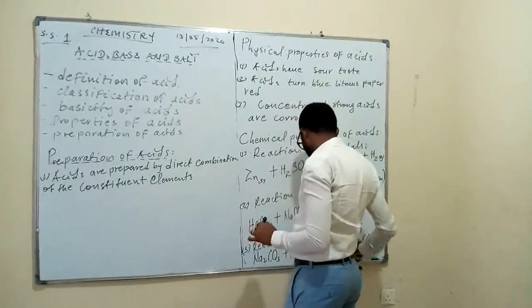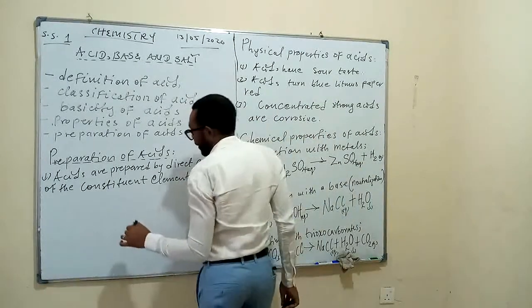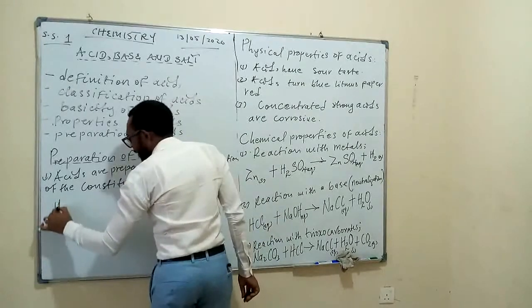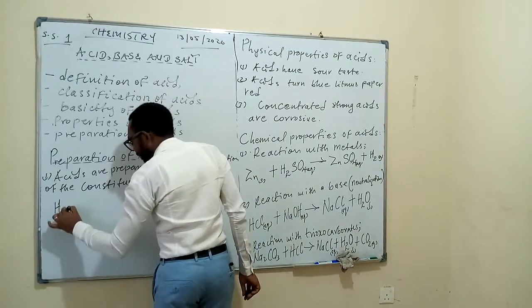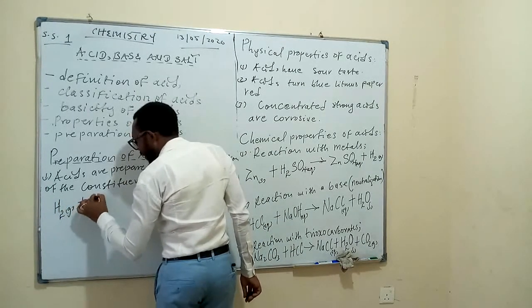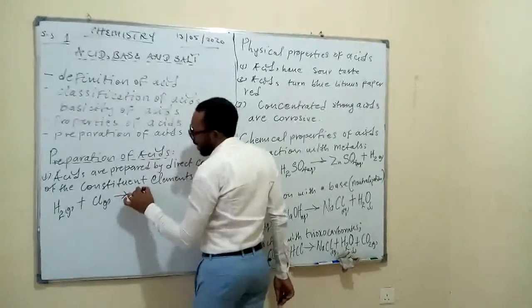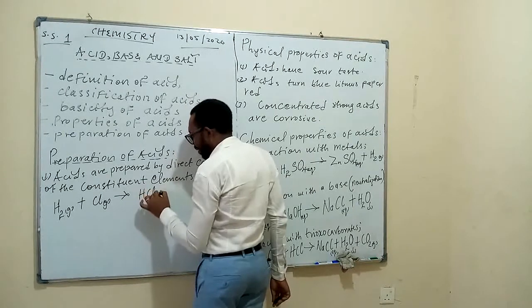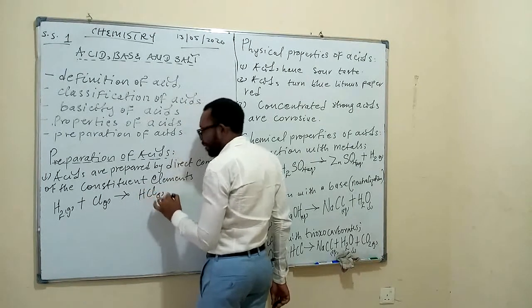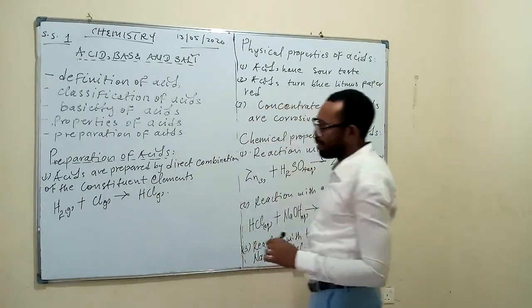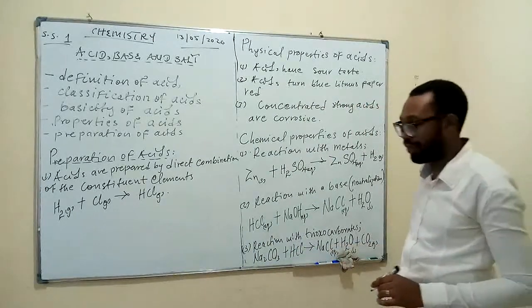As the elements it contains, take for instance, hydrogen gas can directly combine with chlorine gas to form hydrogen chloride gas. You see it? Direct combination of the elements.